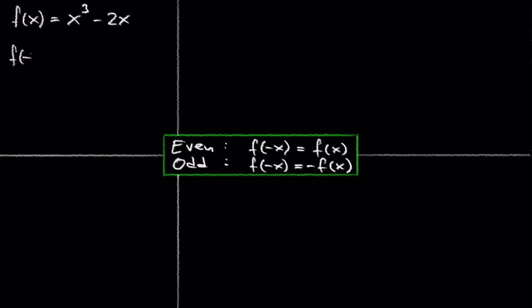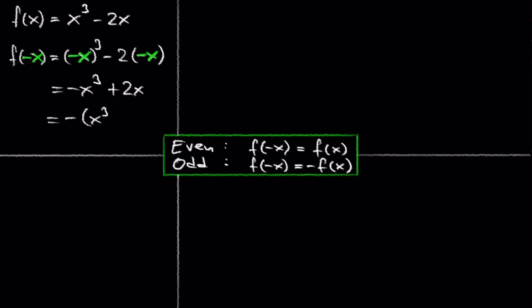So f of negative x equals negative x in parentheses cubed minus 2 times negative x. The first step was simple. We just plugged in negative x for x. Now negative x in parentheses cubed is equivalent to negative x cubed, and negative 2 times negative x is 2x, which we can write as the negative of x cubed minus 2x.